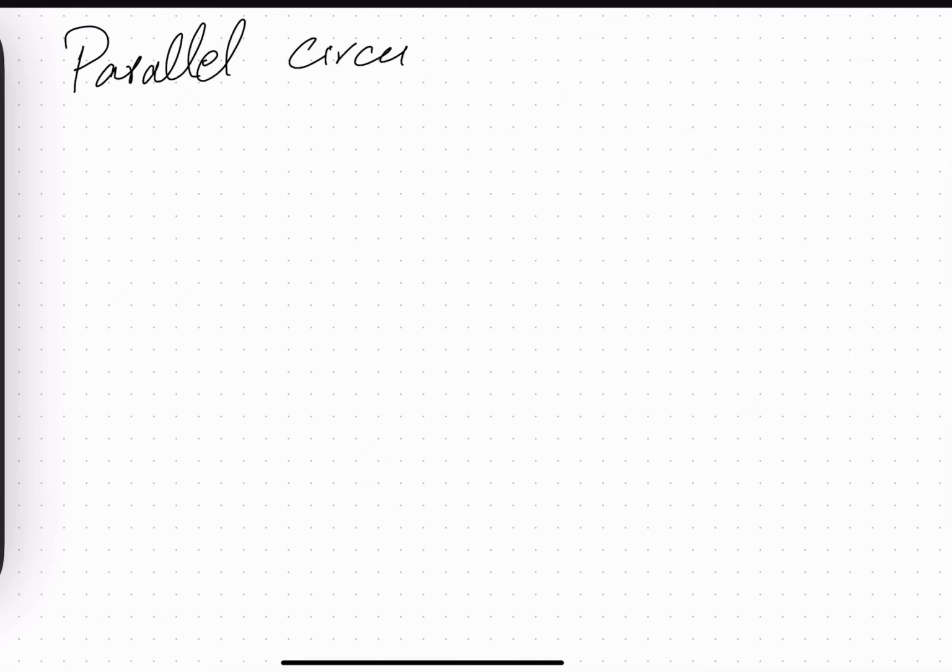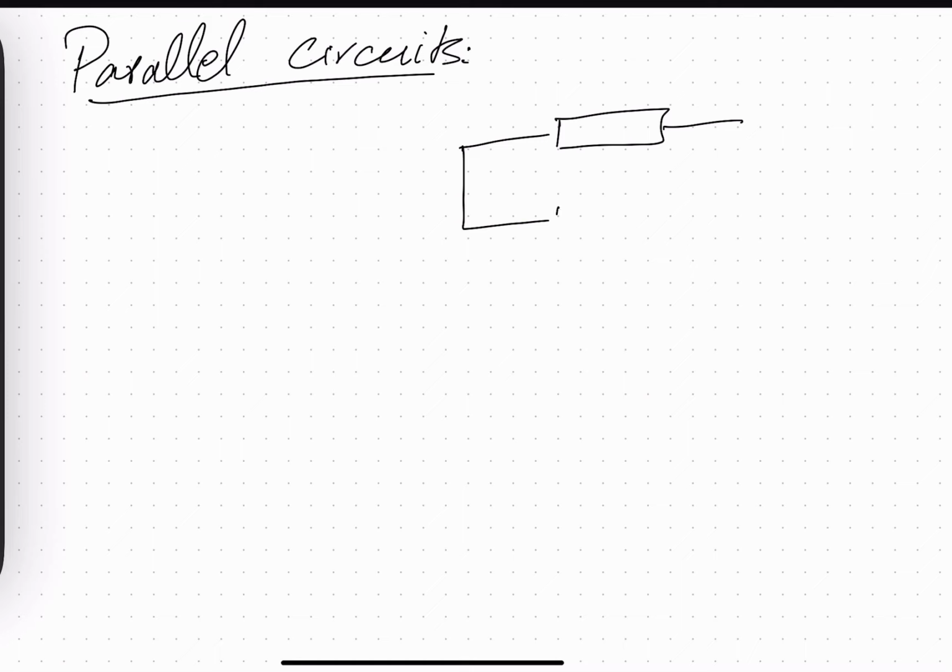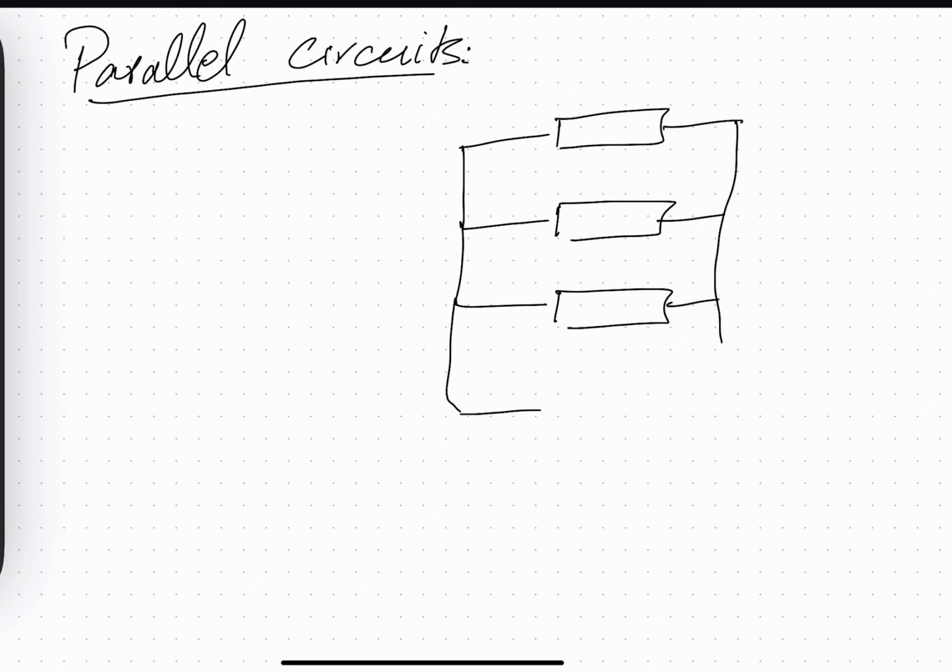In parallel circuits, as we have discussed, resistances are attached face to face. Let's suppose a battery is attached with some voltage. This is R1, this is R2, this is R3.